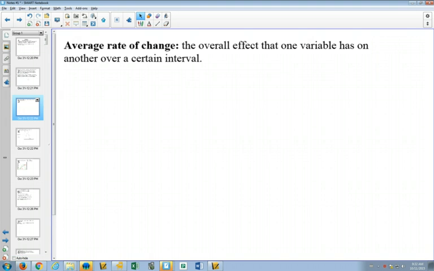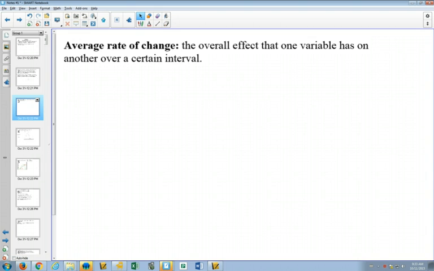Now, that doesn't mean that every time you looked at your speedometer you were going 50 kilometers per hour, because nobody can do that on the way from here to Portage. You just start your vehicle and get to 50 kilometers an hour right away, and then don't stop or slow down for any red lights. And on the highway, you just stay at 50 while other people pass you, and they're like, "What is wrong with that guy?" But if it took you an hour to go 50 kilometers, your average rate of change would be 50 kilometers per hour.